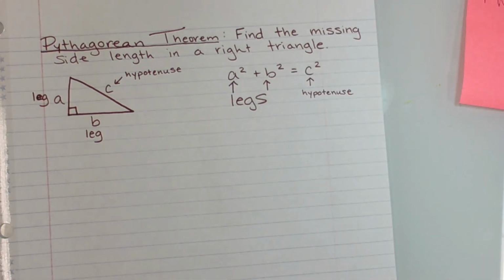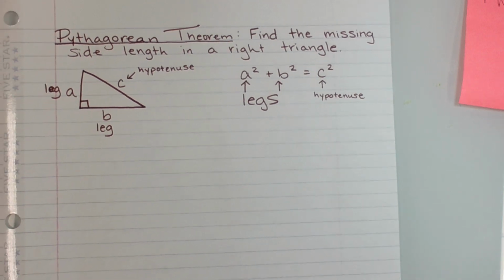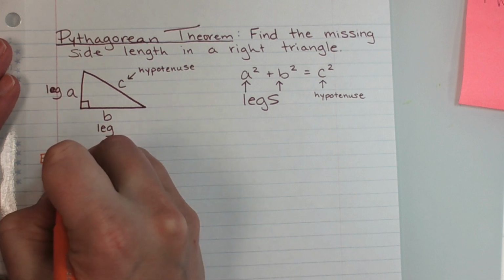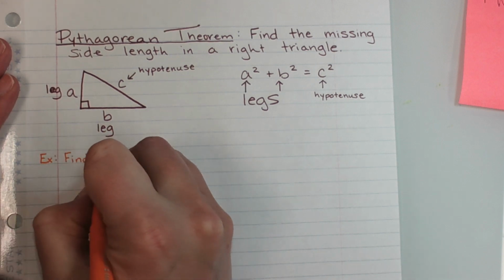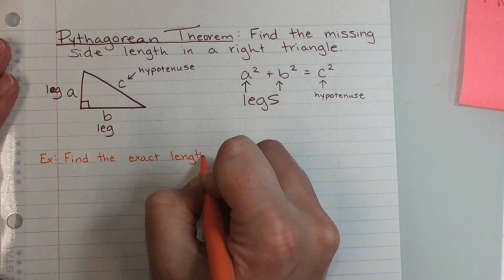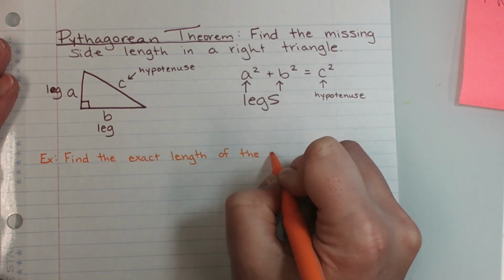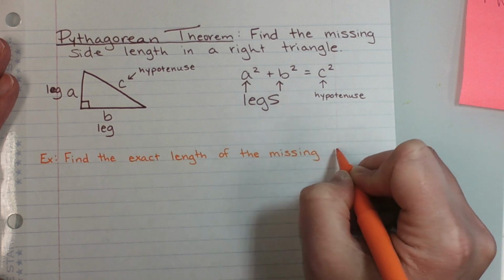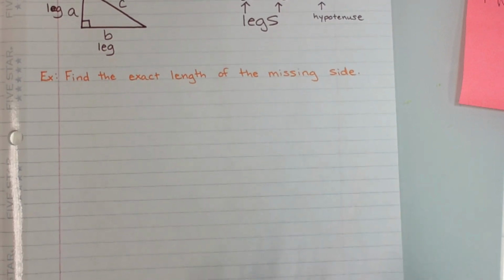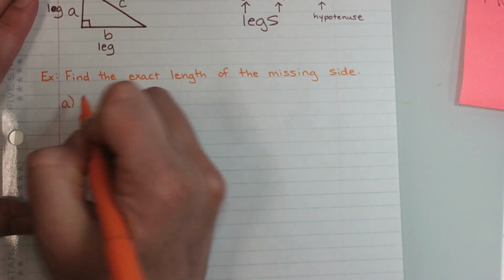It doesn't matter which leg goes into A, which leg goes into B, as long as the hypotenuse goes into C. You're going to find the exact length of the missing side.